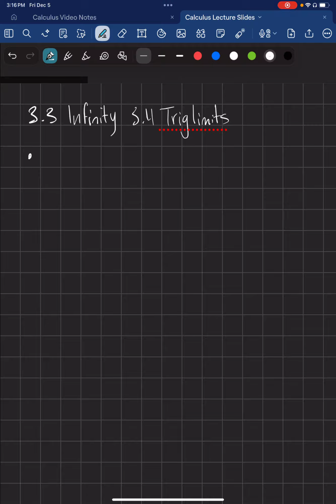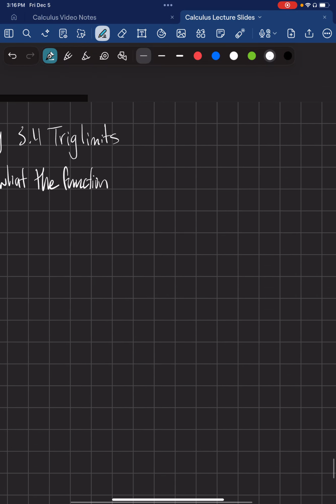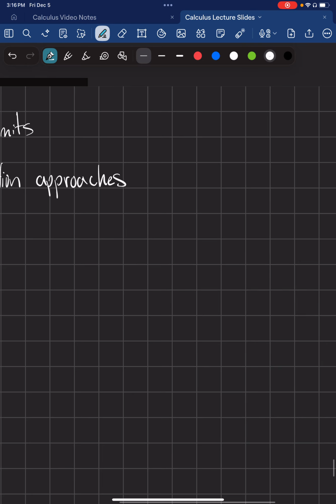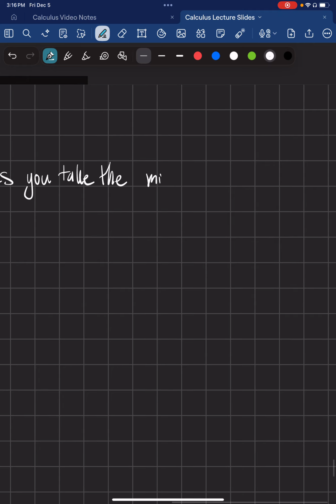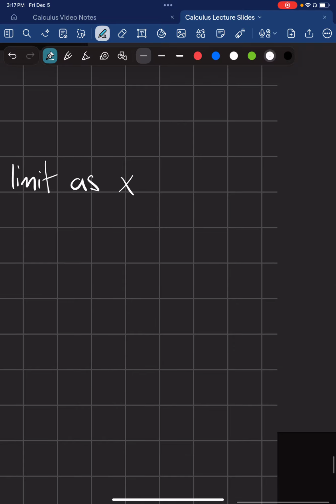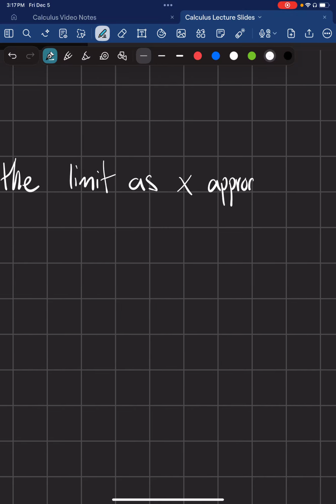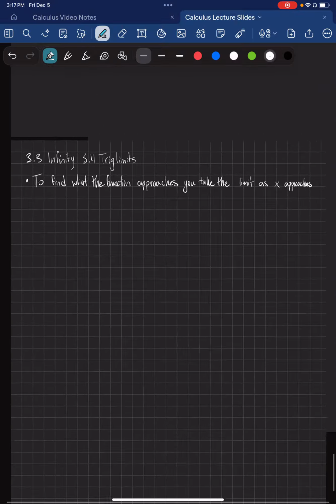So I'll just say here, to find what the function approaches, you take the limit as x approaches negative or positive infinity.